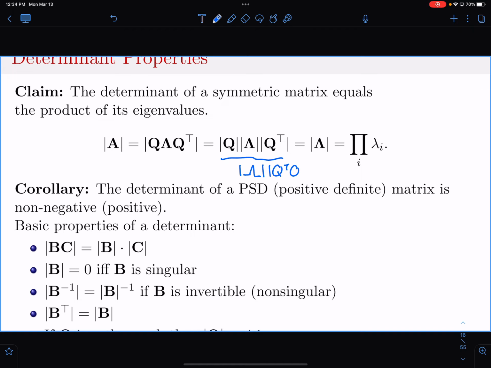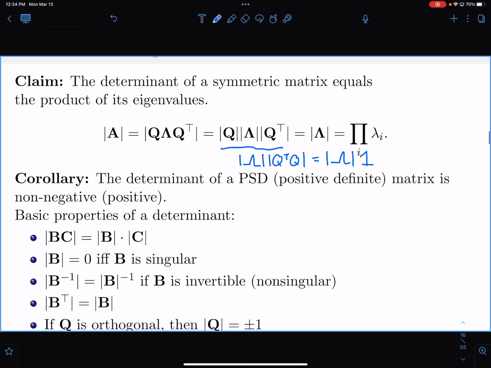Q transpose Q is the identity, right? So we have the determinant of lambda times 1, because the determinant of the identity matrix is 1. What that means is the determinant of a matrix in general is just the product of its eigenvalues. And intuitively, you can think of a determinant as a volume, like how voluminous a matrix transformation is.